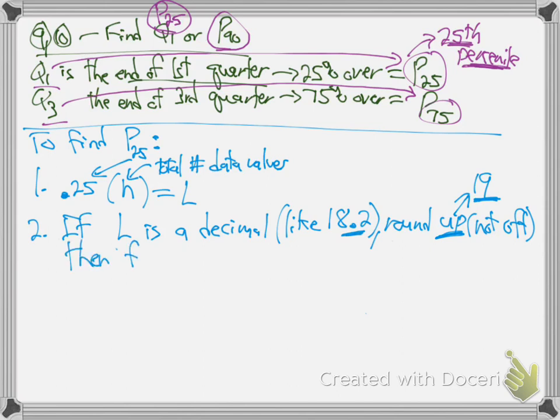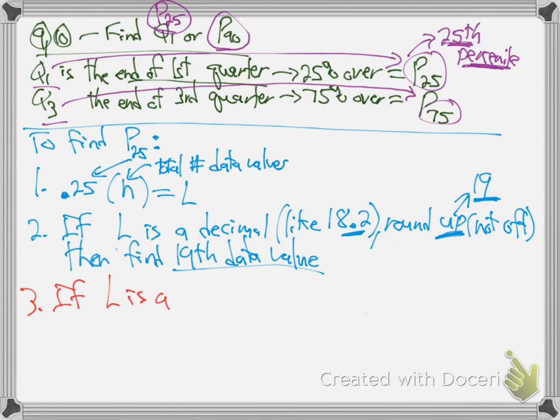Then find the 19th data value. And that's your answer. Now there's another option though. If L is a whole number, it's not a decimal, right? If L is a decimal, round it up.